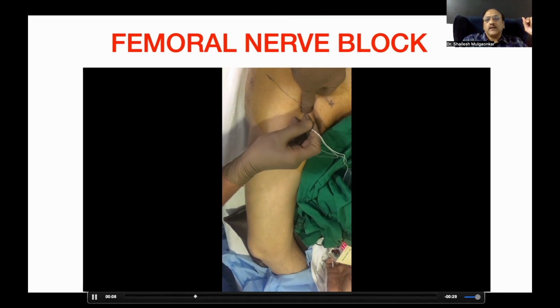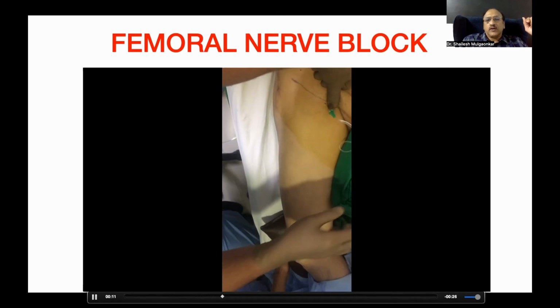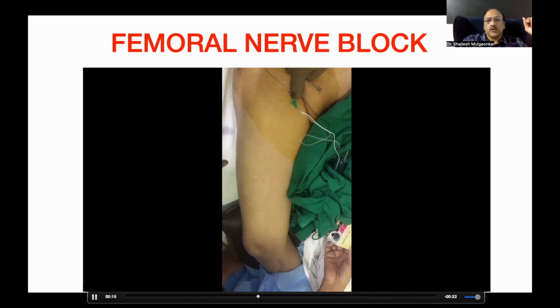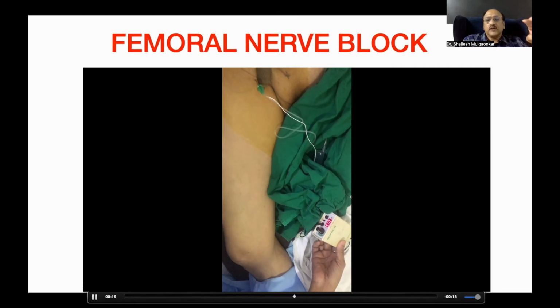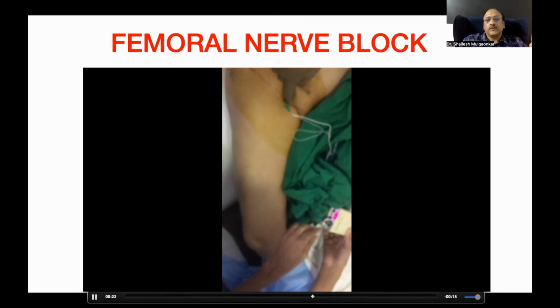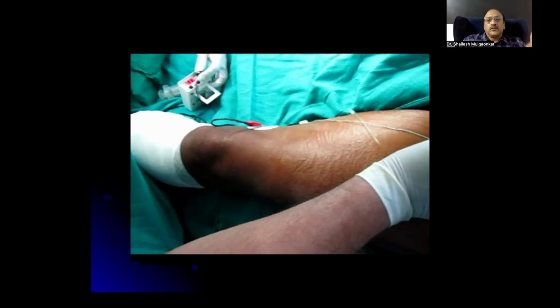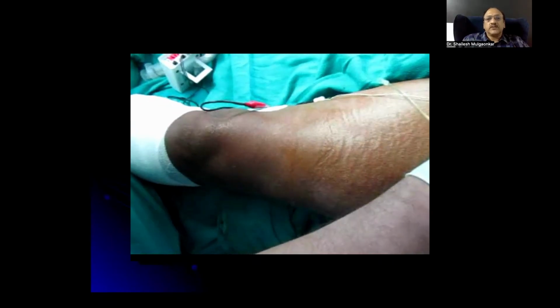So then I go more posterior and more lateral till I get the quadriceps twitches. So this is the ideal end motor response for the femoral block. And then again, as I told you, reduce the current to 0.5, only then inject. So you should get this proper end motor response. Dancing patella, it is called.